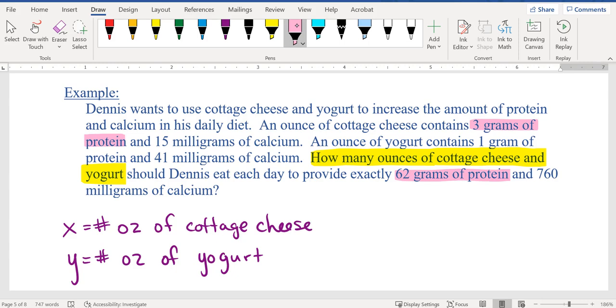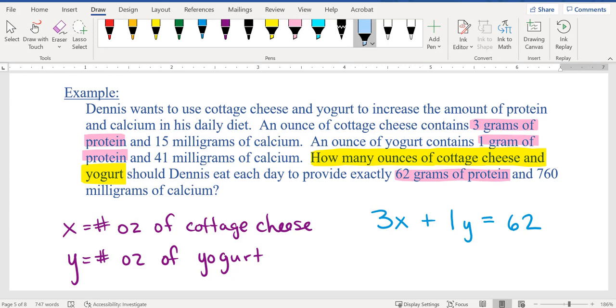An ounce of yogurt contains 1 gram of protein. So I'm looking at an equation. 3 grams of protein per ounce of cottage cheese plus 1 gram of protein per ounce of yogurt. I need 62 grams of protein.